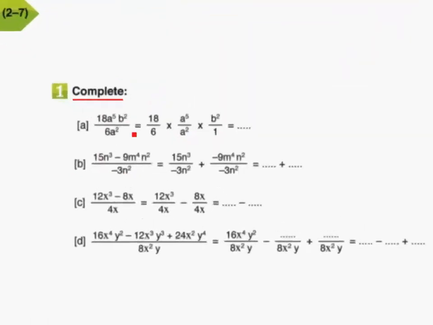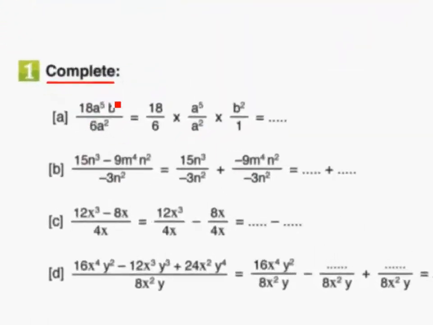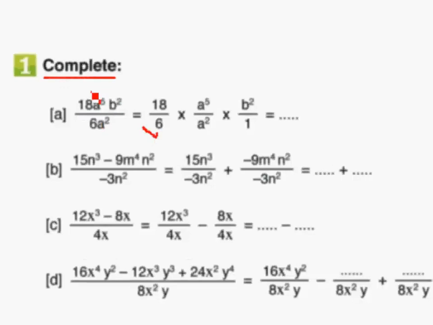Complete. We have here 18a to power 5b to power 2 divided by 6a to power 2. It will be equal. We take the numerical together, which is 18 divided by 6 times. We take the like terms together.